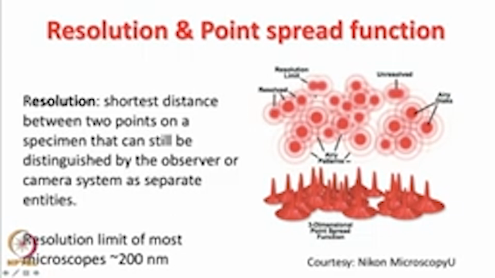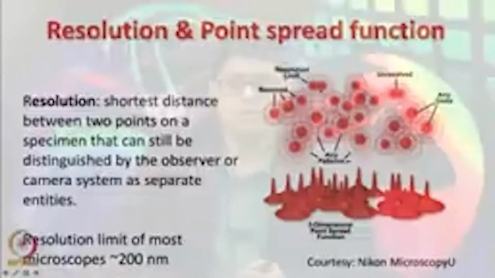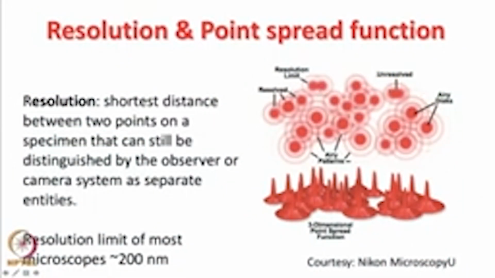This is called the resolution limit. You can still make out, even though the histograms are coalescing or fusing, where lies the center point of these dots. However, if you look at this particular point, you cannot distinguish between the 2 points because they have completely converged on each other. So, the resolution limit of most microscopes, you call it the diffraction limit.